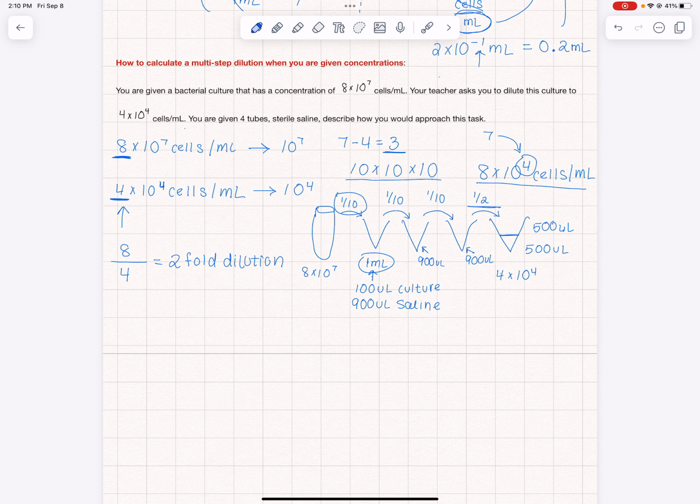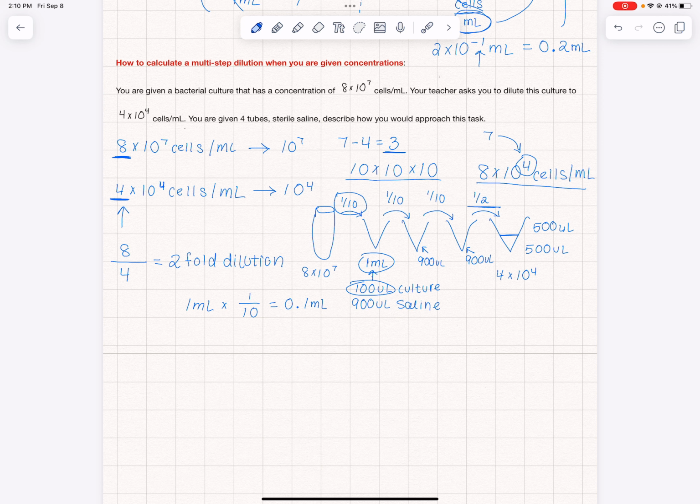So, if we know we're going to end up with 1 mil, we could then multiply that times 1/10. That would give us 0.1 mLs, which is the same thing as our 100 microliters of culture.